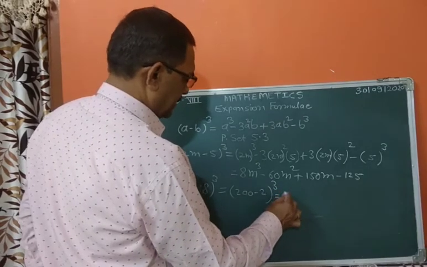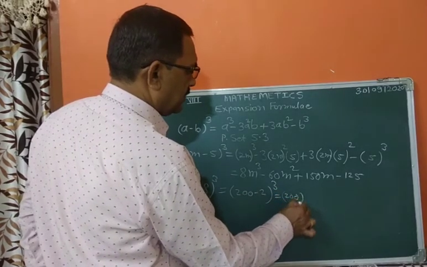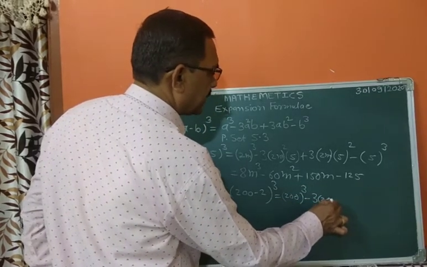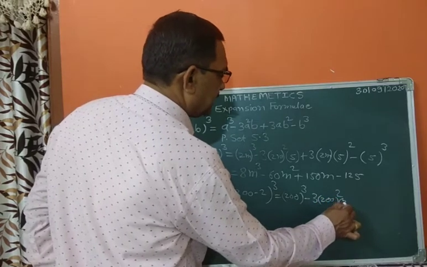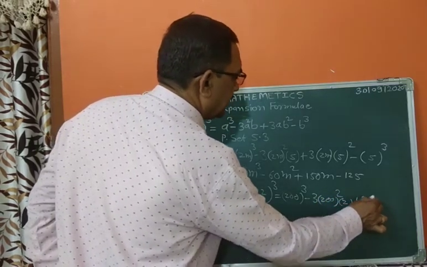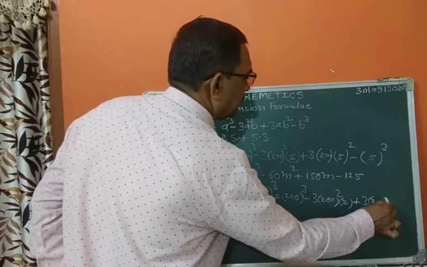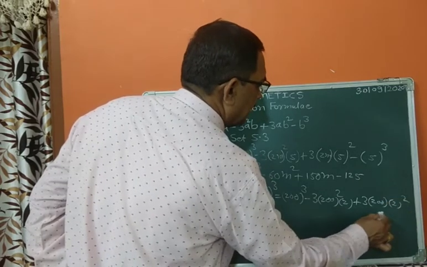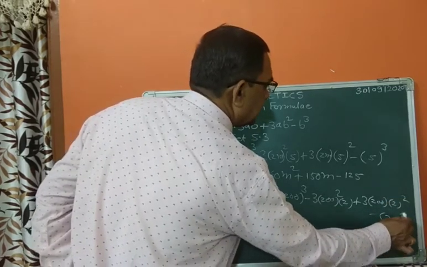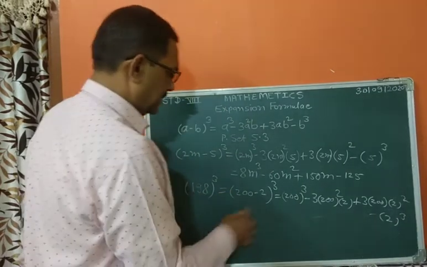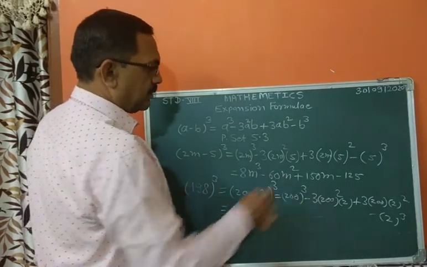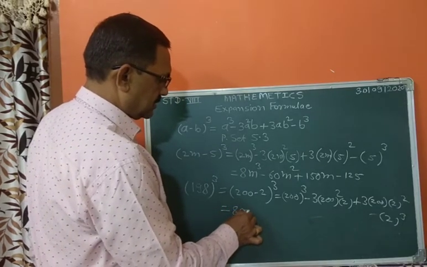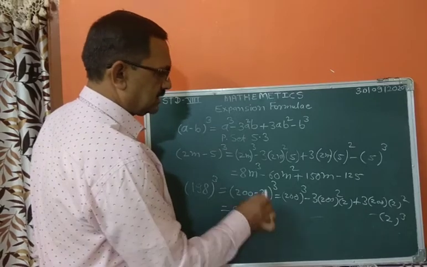Here, cube of the first term minus 3 into square of first term into second term plus 3 into first term into square of second term minus cube of second term. Then write here: cube of 2, 8, 6.